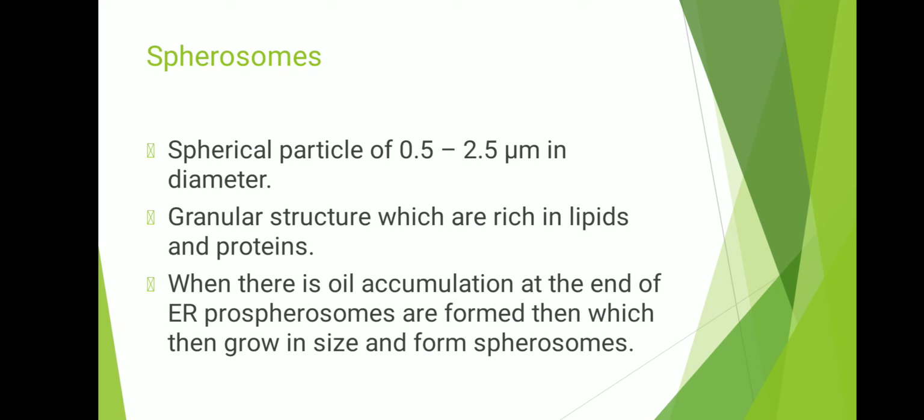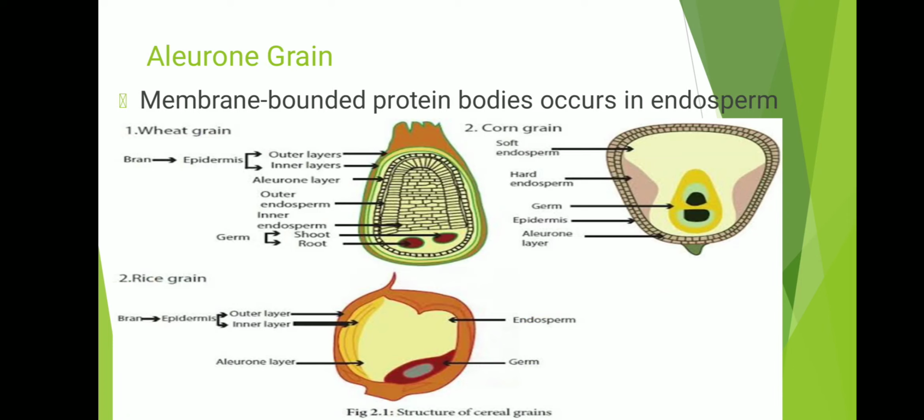Now the third is our aleurone grain. As the name indicates, these are the vacuoles which are seen in grains. We can call these membrane-bound storage particles, or protein bodies.